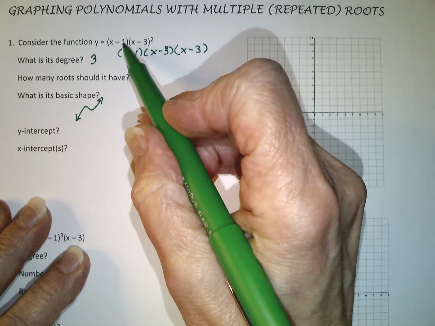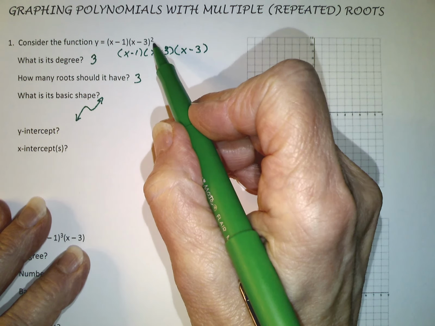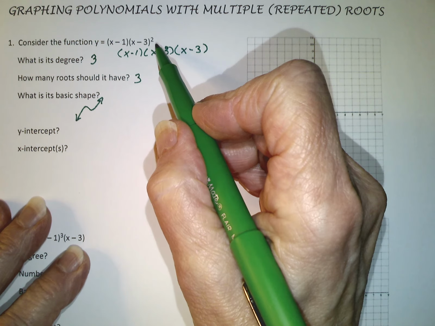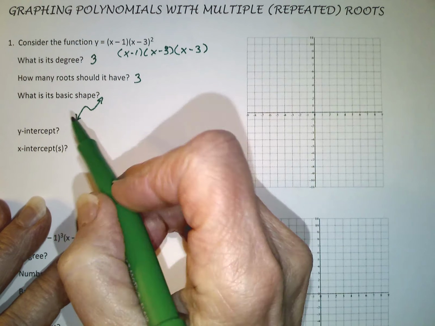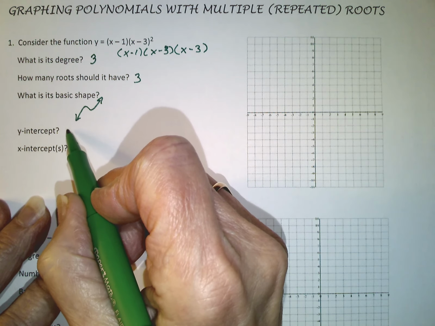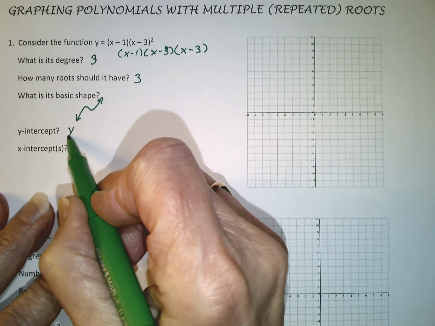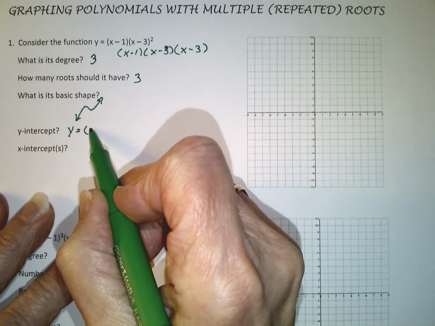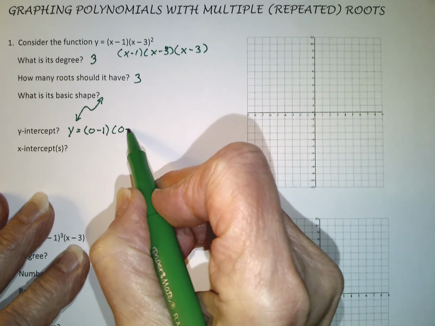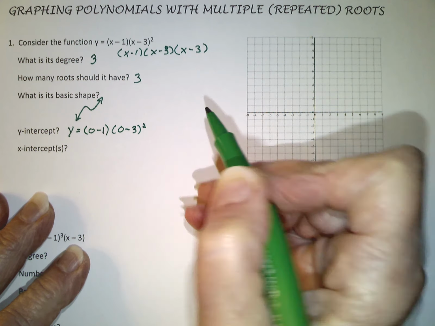Y-intercept is not the number on the end, because this isn't multiplied out. If we multiplied it out, it would be the number on the end, but we're not going to. Instead, we're just going to know that the y-intercept is when x is 0. So y equals 0 minus 1 times the square of 0 minus 3.